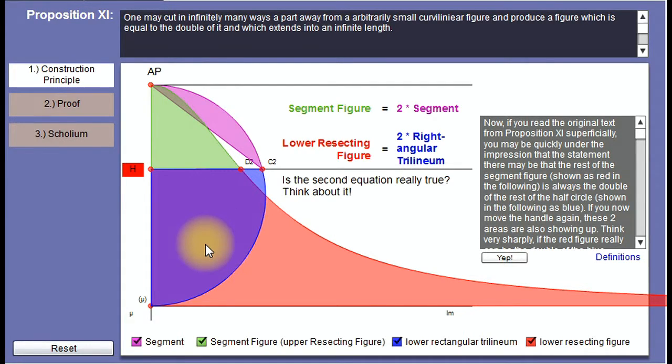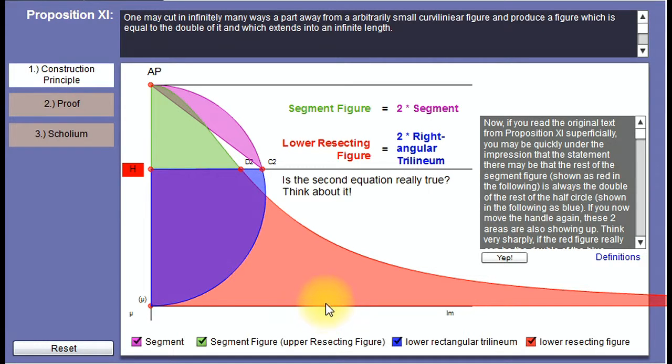Because if you think about it, you have the entirety of the resecting figure, and it is divided by the ordinate into an upper part, which is the segment figure, and the lower part of the resecting figure.